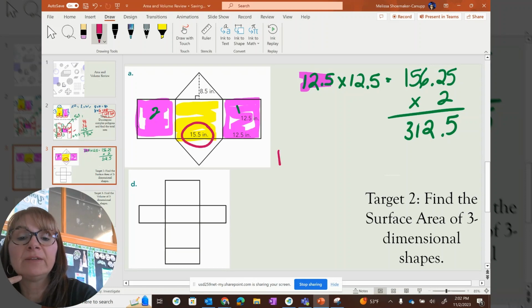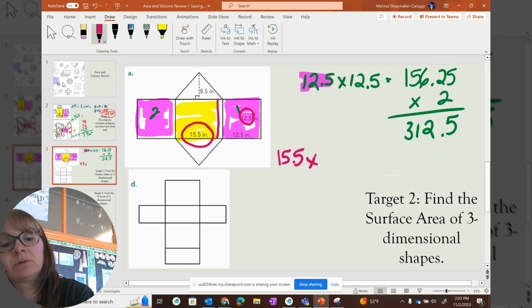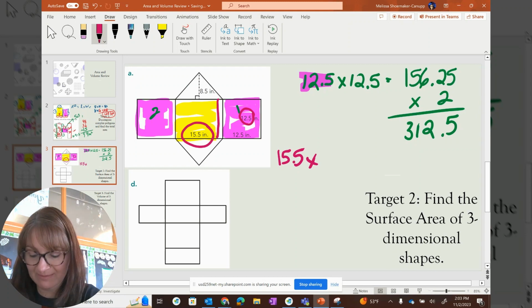So I'm going to have 15.5 times, well, how tall is it? It's going to be the same as this one, which is 12.5. Okay, I'm taking 15.5 times 12.5.